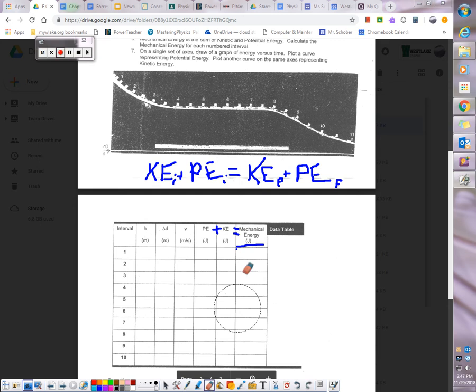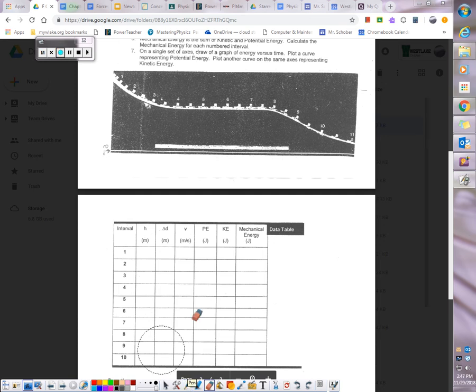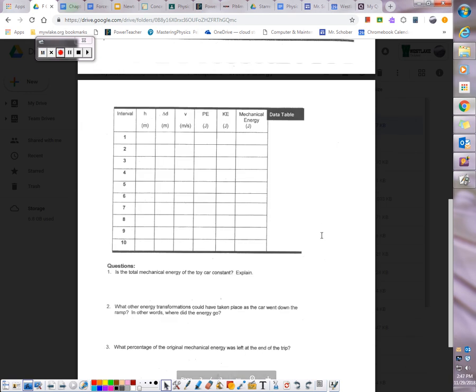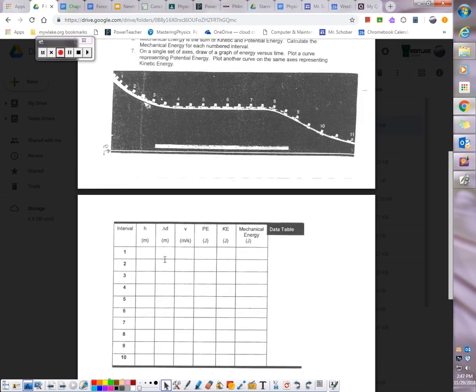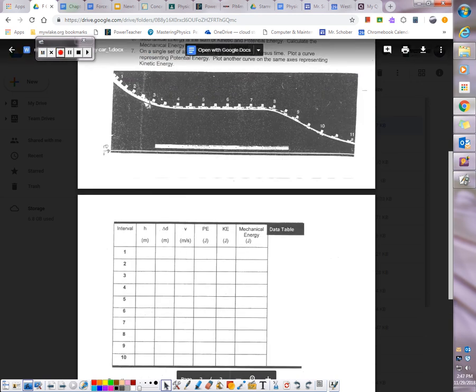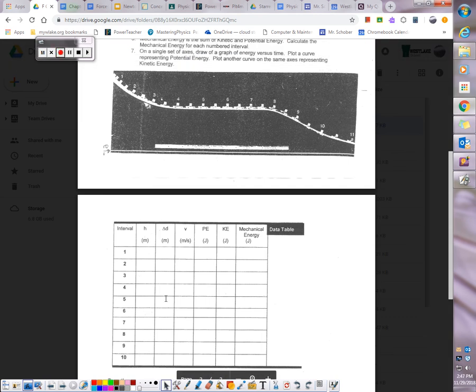Now it is useful to try and imagine, to double check ourselves, how these values should be changing as you move down the interval. If you're looking at the picture here, 1, 2, 3, we should see the height going down. It kind of stays roughly the same here in this middle area, but in general, this number should be getting smaller.